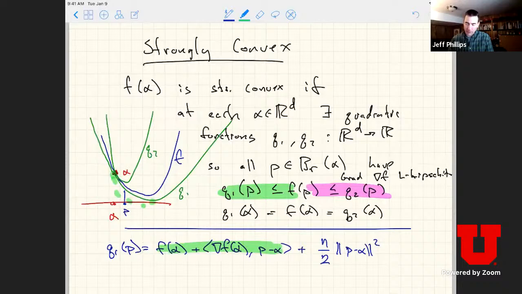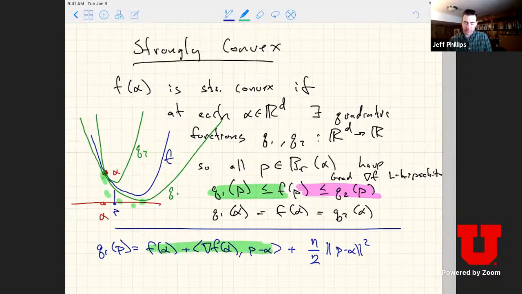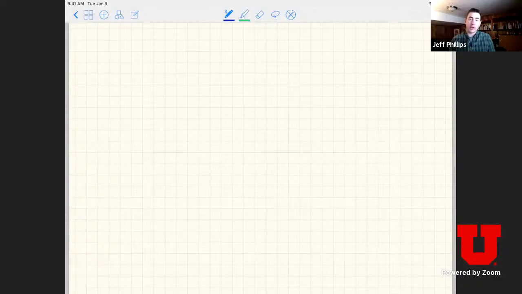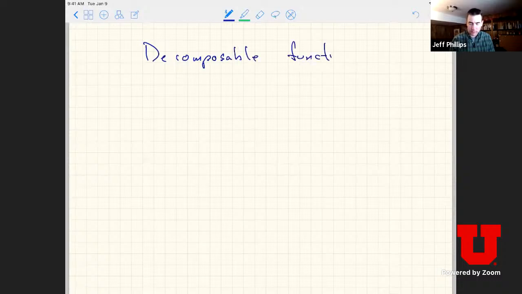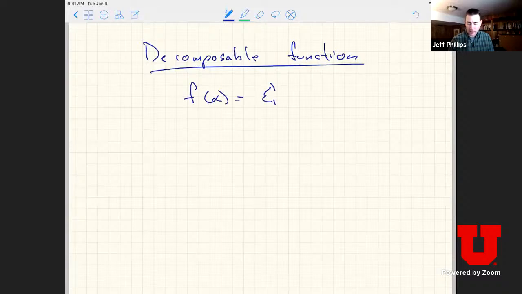Okay, so can you explain what differentiates a decomposable function from other functions? Okay, so again, a decomposable function is going to be of the form f of alpha equals the sum from i equals 1 to n of f_i of alpha.